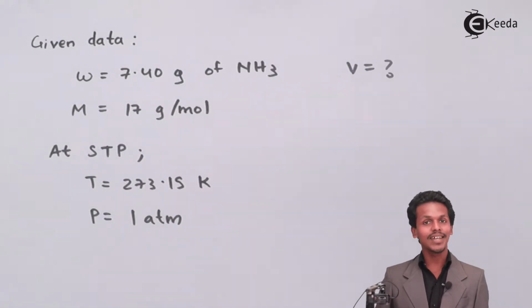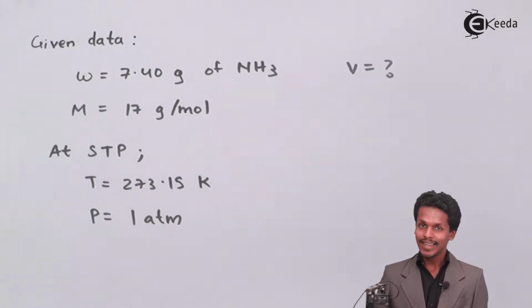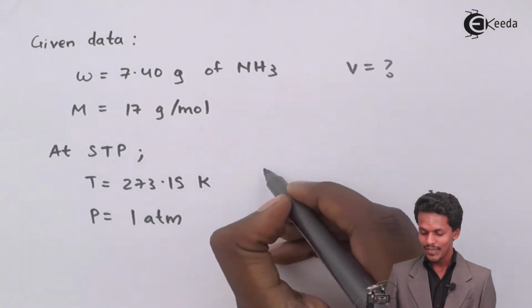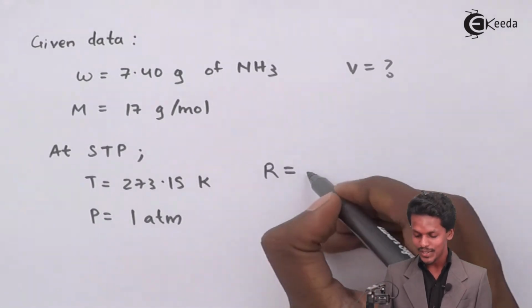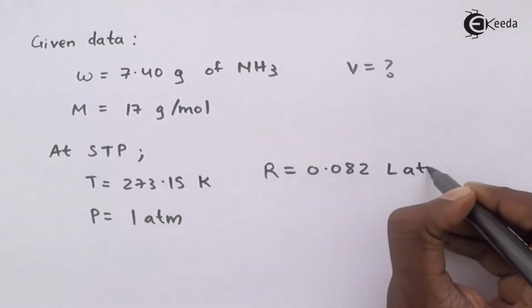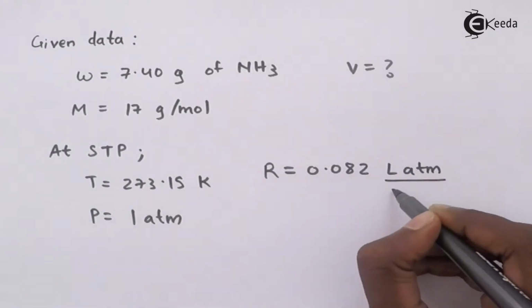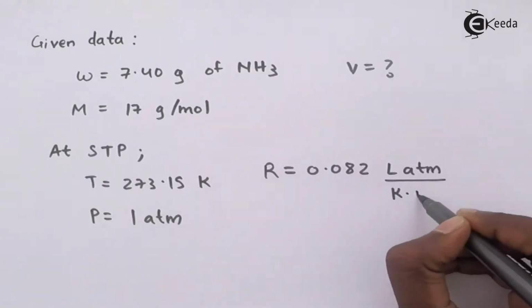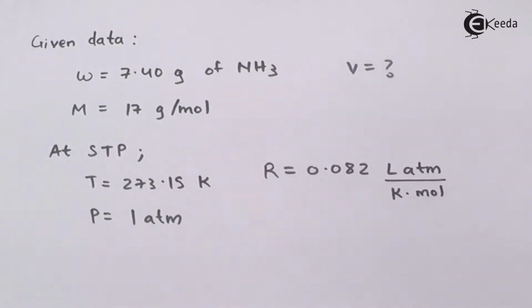The pressure is in atmosphere at STP, and we have to calculate the volume in liters. So the value of R is 0.082 liter atmosphere per Kelvin per mole. This plays a very important role, as I was trying to say in that lecture also.